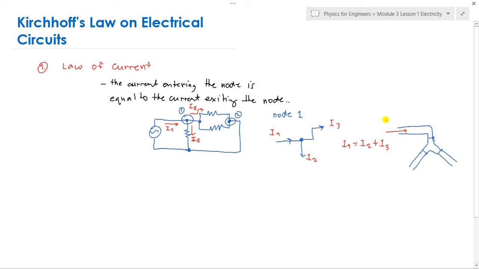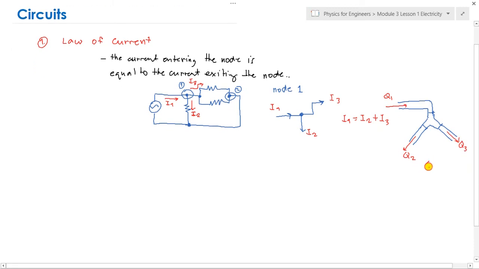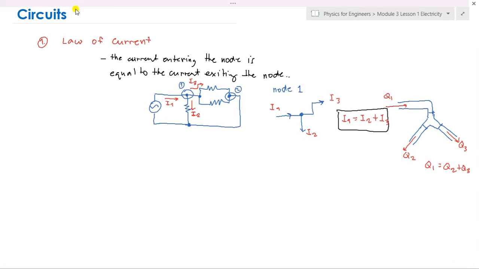If we have flow rate Q1, when it passes the node it splits into Q2, and the other is Q3. Of course, by the law of conservation of mass, the flow at Q1 is equal to the flow at Q2 plus the flow at Q3. The same thing applies to the law of current: the current entering the node is equal to the current exiting the node. So let's remember this, class. This can be applied to all nodes depending upon the choice of your analysis.